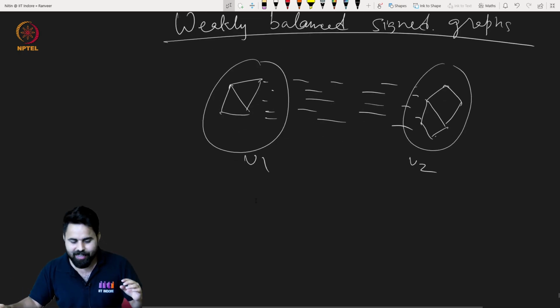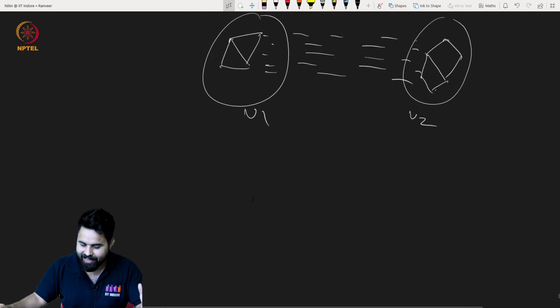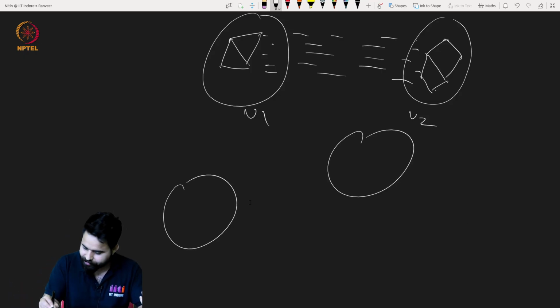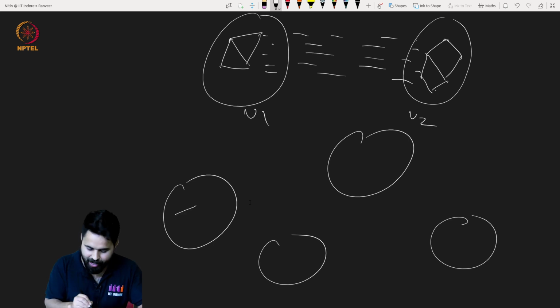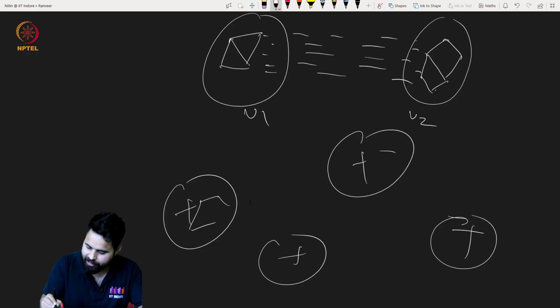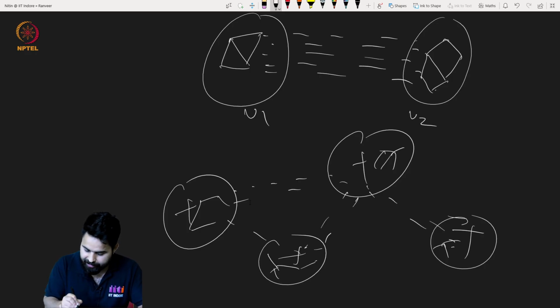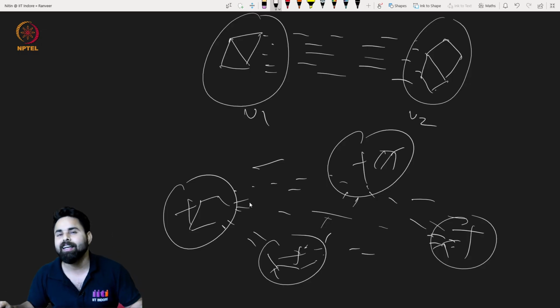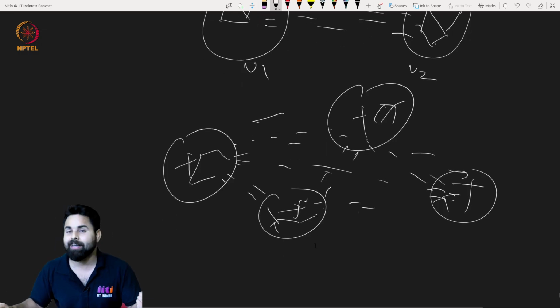Now let us come to another scenario where not only are there two partitions, maybe there are many partitions. Everything inside these clusters, or groups, or subsets, is plus, so all these edges are plus, but between any two clusters the edges are negative.